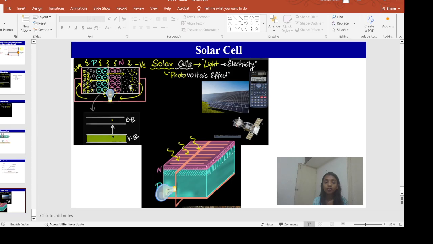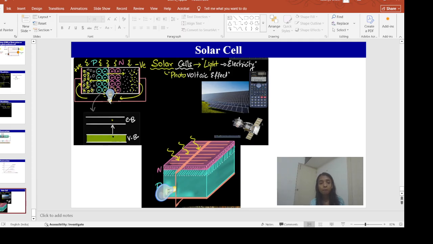Electrons are getting accumulated here, holes are getting accumulated here. Electrons start flowing through the bulb and they come over here, they recombine with the hole. As a result the bulb will glow.